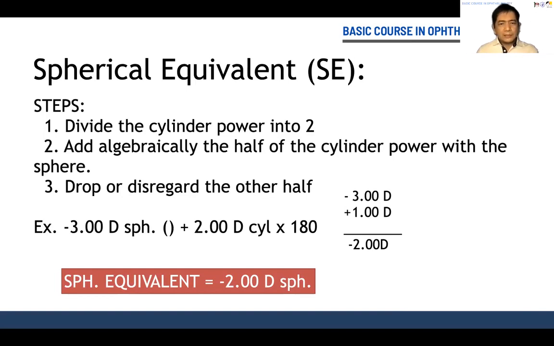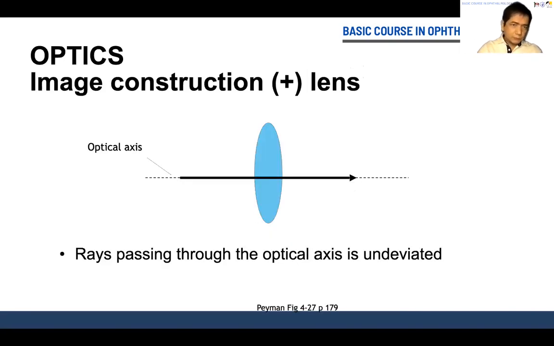So you add algebraically half of your cylinder to the spherical component, and then drop the remaining half of the cylinder. For example, you have a minus 3 diopter sphere, get half of the cylindrical component, which is plus 1, add algebraically, so your spherical equivalent is minus 2 diopter sphere. We commonly use spherical equivalent in prescribing contact lenses if you want to drop the astigmatic correction or the cylindrical component.